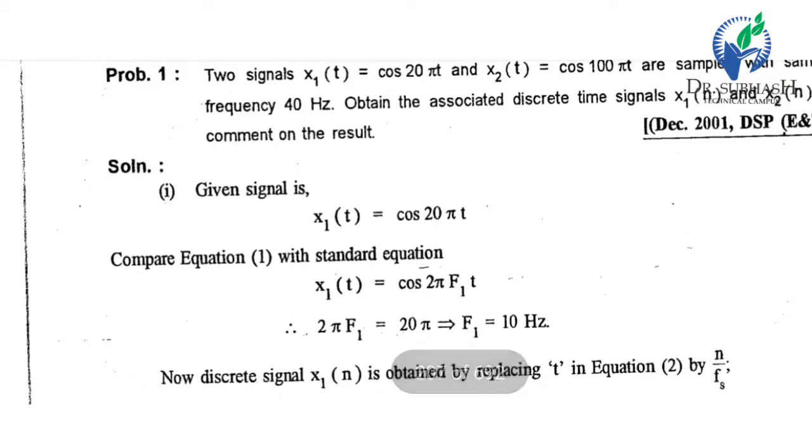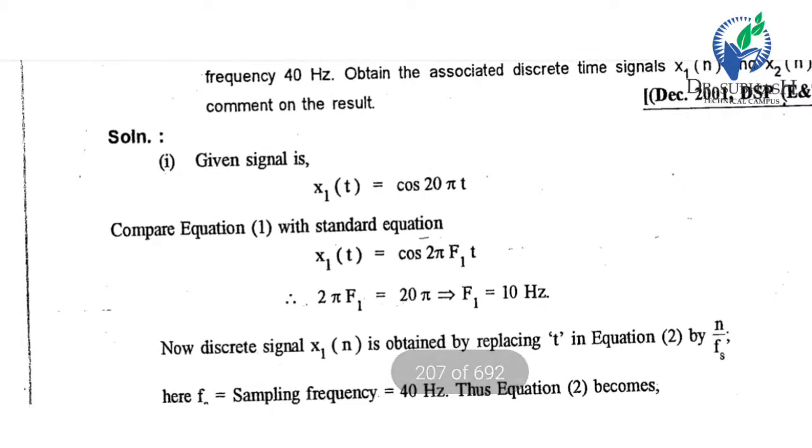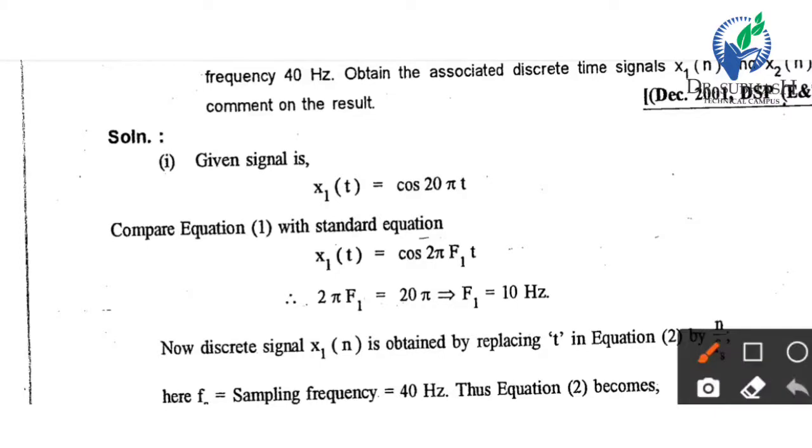So here the given signal is x1 of t equal to cos 20 pi t. This signal we will compare with the standard equation. The standard equation is x1 of t equal to cos 2 pi f1 t.